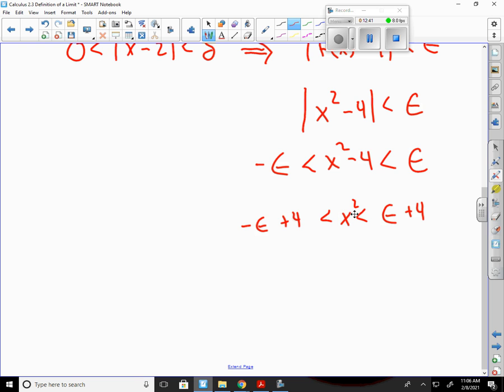Now I have to take the square root in order to get rid of the squared. So this gives me the square root of negative epsilon plus 4 is less than x, which is less than the square root of epsilon plus 4.